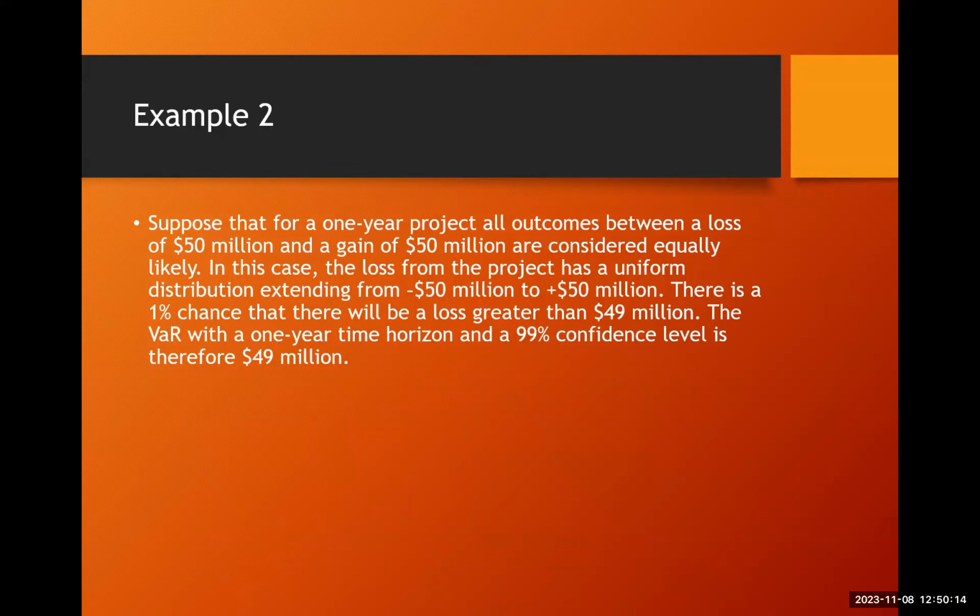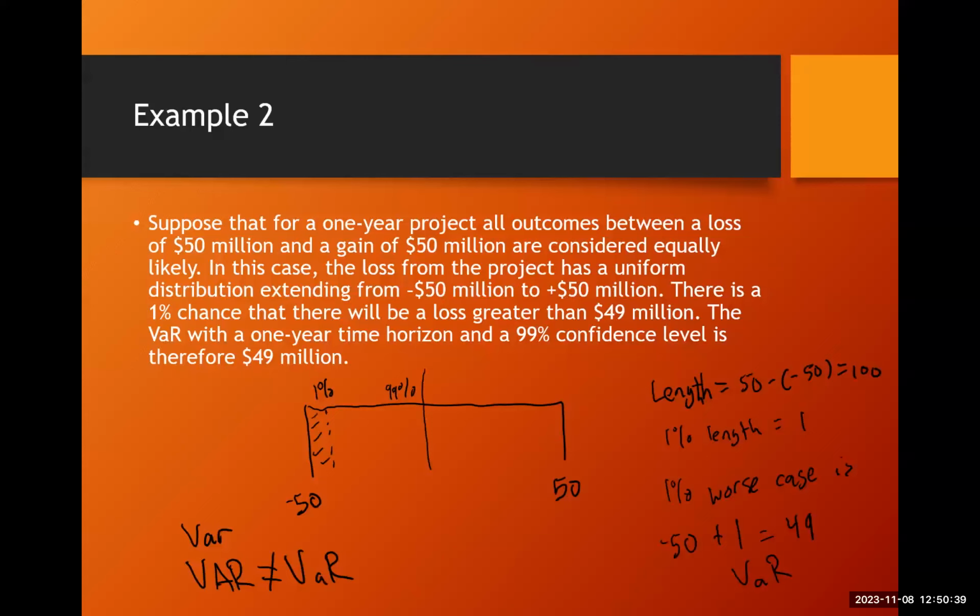Another example that I could give is using the uniform distribution. So let's say that your losses are between 50 million and negative 50 million. So you have possibilities of losing $50 million and getting $50 million. And assume that the probability of each loss is uniform. That means that our PDF is rectangular.